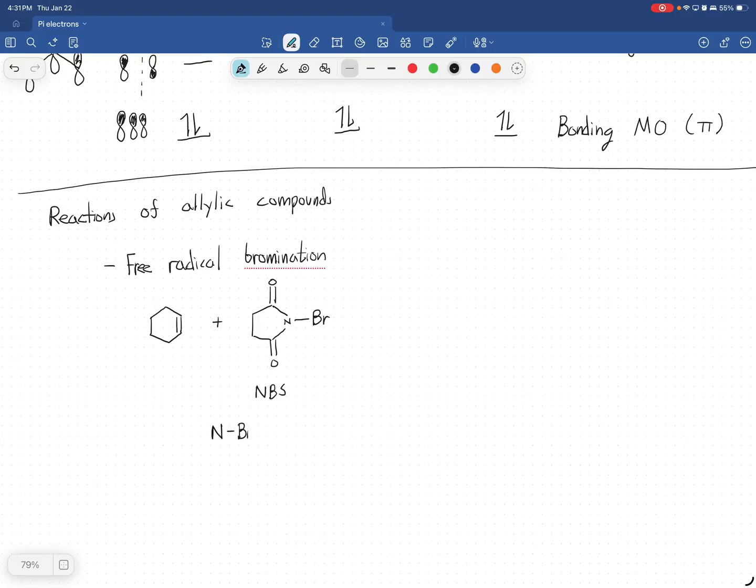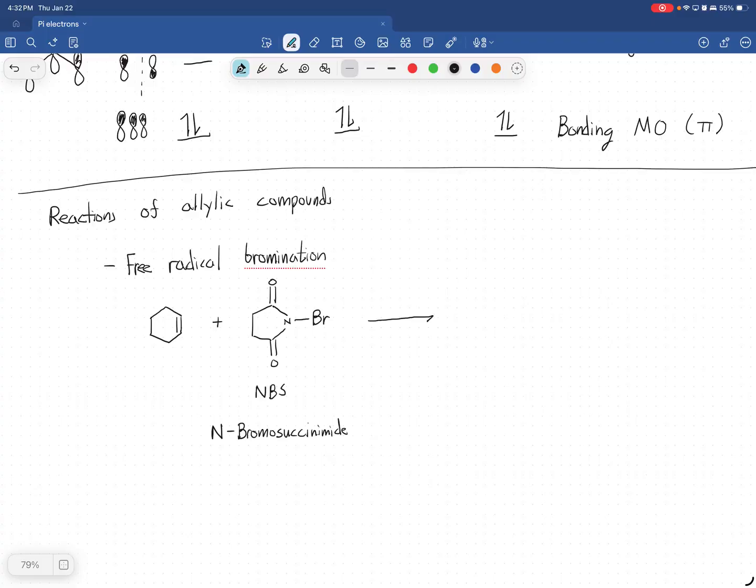When we name amines, if an amine has a substituent, you could just say N dash and whatever's on it. When we start naming amines, we might talk about that. So N-bromo, and this is called succinimide. That's the name of that compound here.